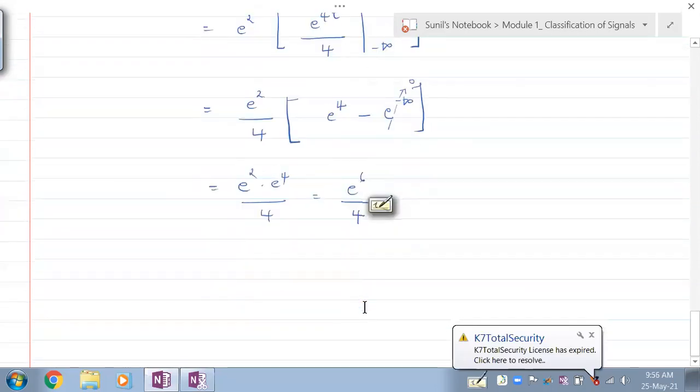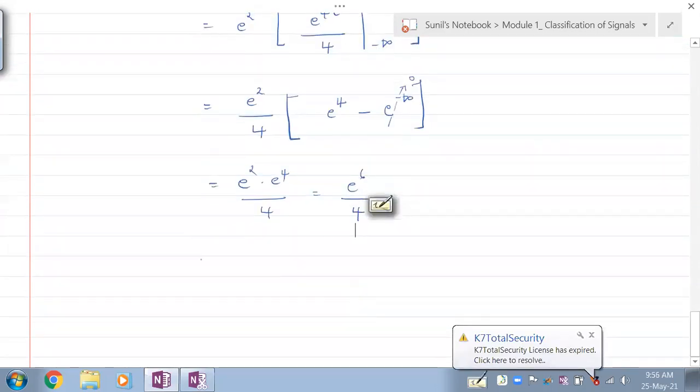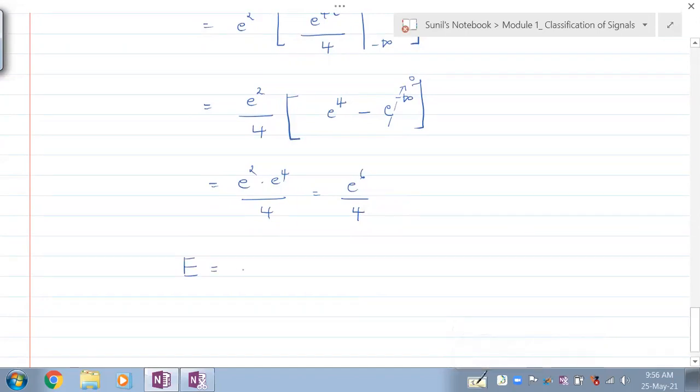What is e power 6? You need not calculate it by hand, and if you do this calculation in the calculator, you'll get 100.86 joules. Again, this is finite energy. So since the energy is finite, the given signal was an energy signal. Understand that? This is how the things go.